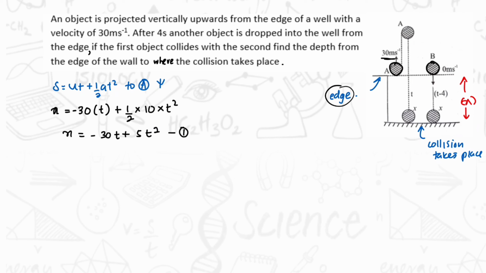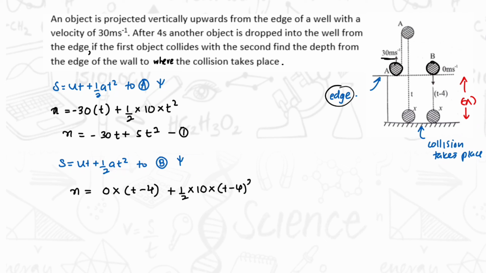That will be our first equation, and then let's apply s equals ut plus half at square to B in the downwards direction. The displacement will be x and the initial velocity will be 0, and the time taken will be t minus 4, and the acceleration is 10 and t minus 4 square. Then we will get the equation x is equal to 5 t minus 4 whole thing square. That will be our second equation.